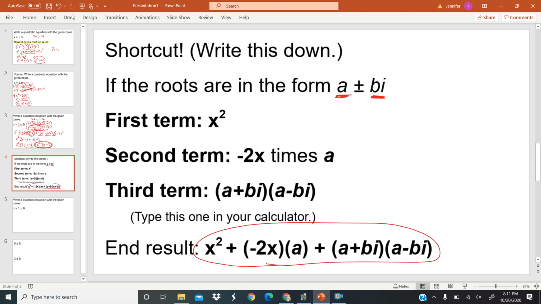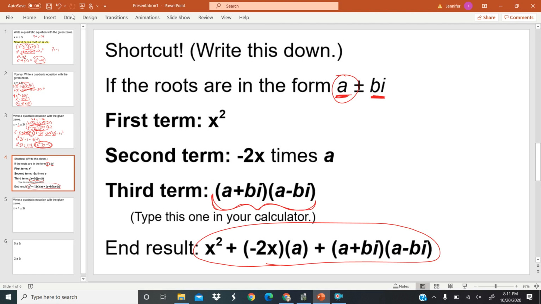Then your second term is always going to be minus 2x times this a value. And your third term is going to be the two imaginary roots being multiplied together. You can actually do this in your calculator if you have a TI-84, and I'll show you how to do that. And you can also just do it in Google, so I'll show you how to do that as well.